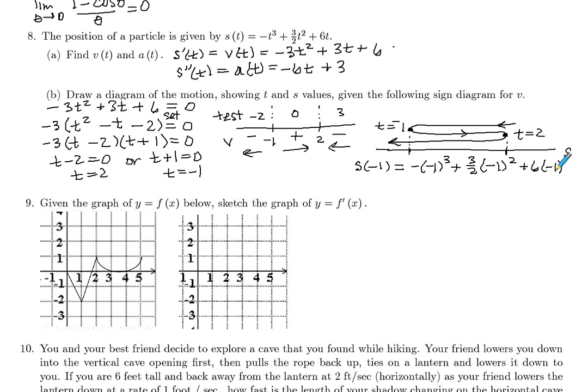And if you do those plugins, you will get negative 7 halves. If you do the calculator work here, so negative 7 halves.